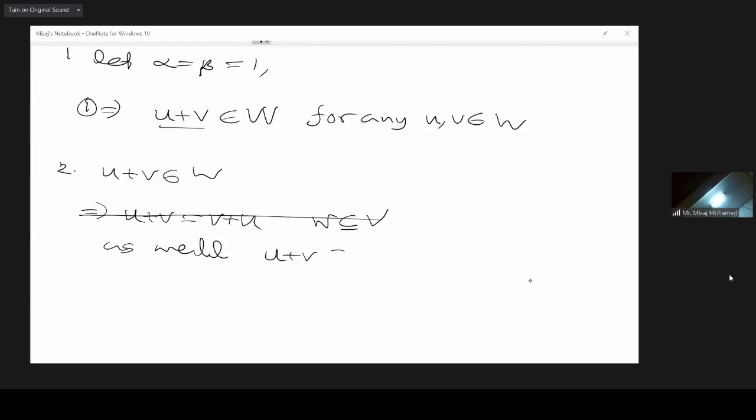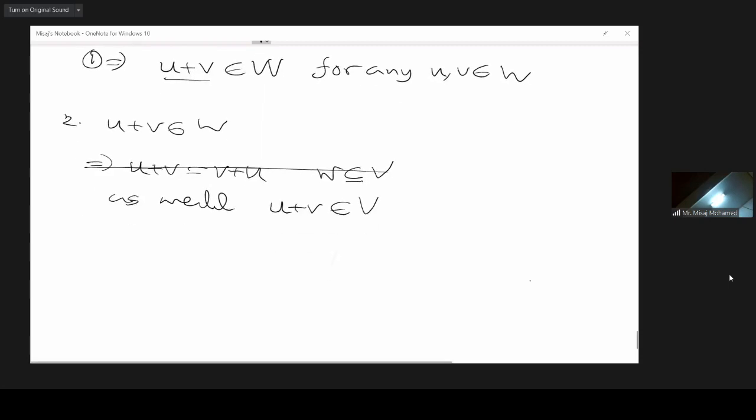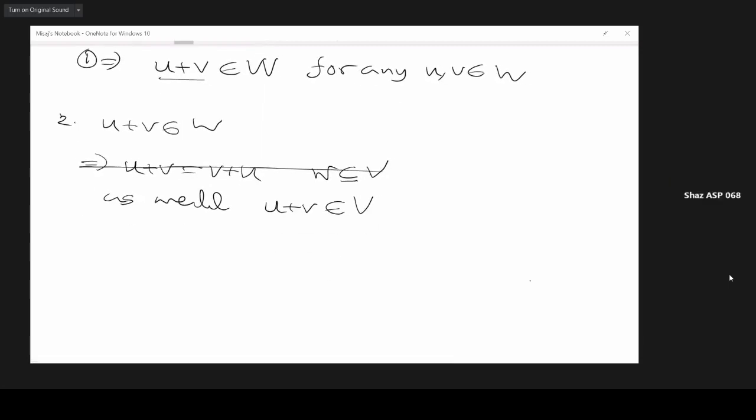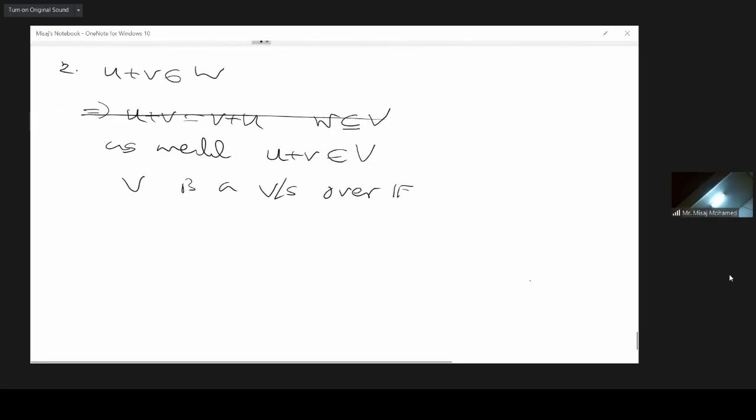Is it clear? V is a vector space over F. Is it clear?